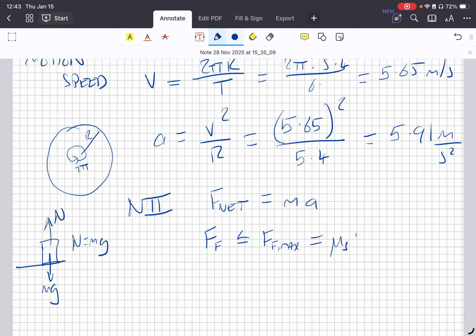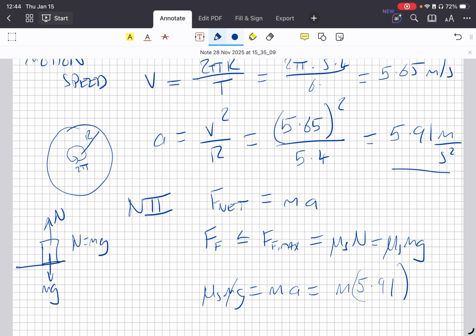So we have that mu_s times N is the same thing as mu_s times mg. That's the net force, and so this whole thing, mu_s mg, must be equal to the mass times the acceleration. We've just written down the acceleration, so that's equal to mass times 5.91.